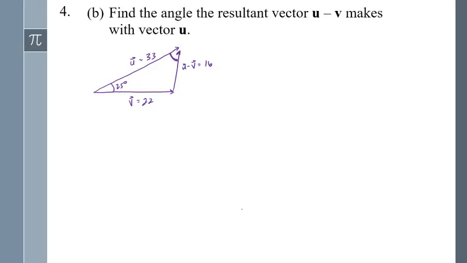So I'm going to go ahead and use law of sines this time. We'll call this theta. So we've got the sine of theta over 22 is equal to the sine of 25 over 16.